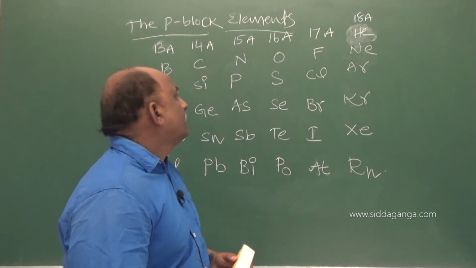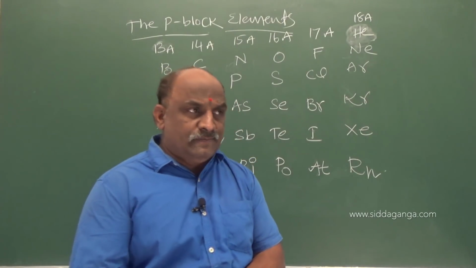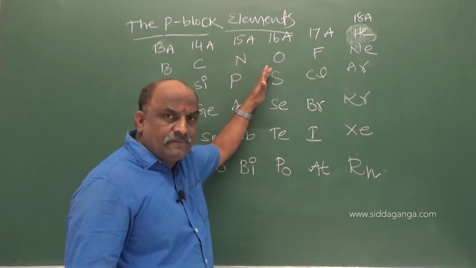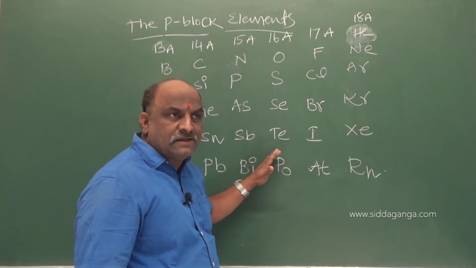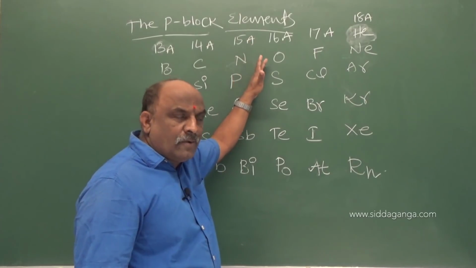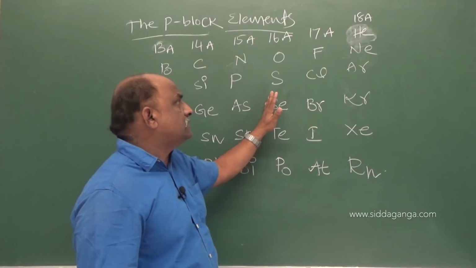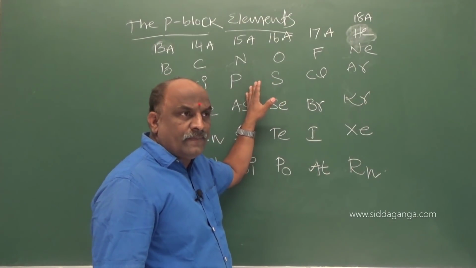So, all these elements are called p block elements. In these elements, metals, non-metals and metalloids are all there. Metallic properties, non-metallic properties, both metallic and non-metallic properties, all types of elements are available in this P block.